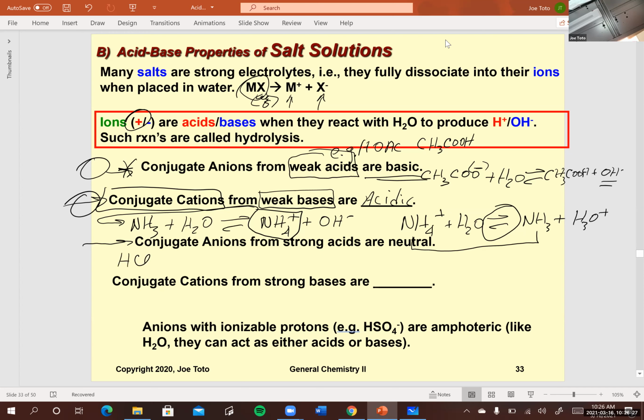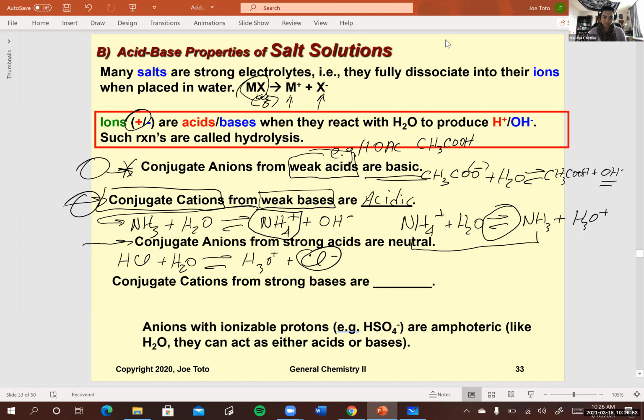What's the conjugate anion that you get from that? Well, it differs by 1 proton. So what is it? What's the conjugate anion of HCl? Cl minus. Yeah, good.